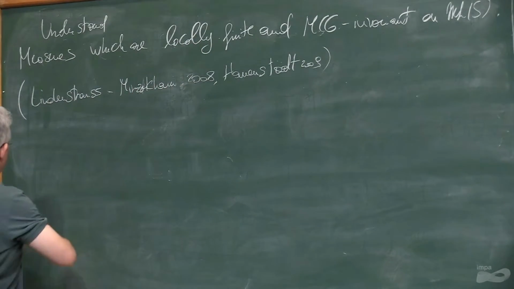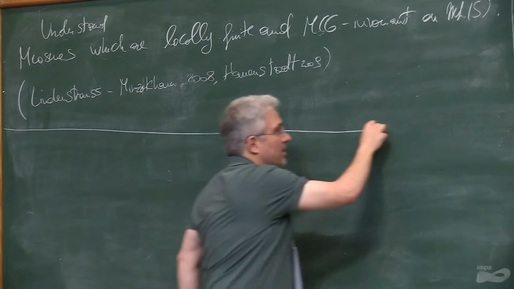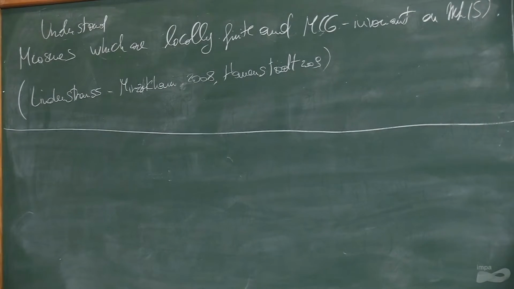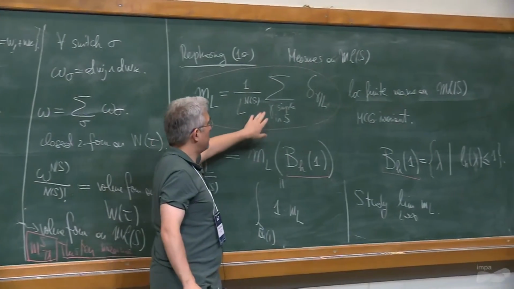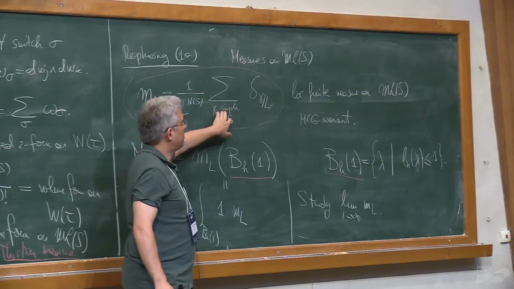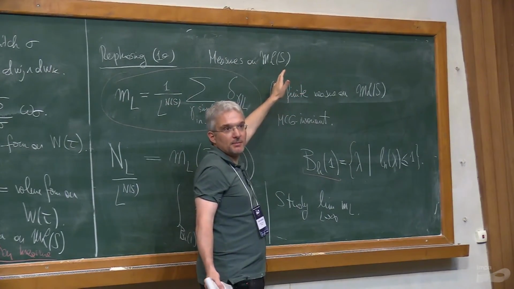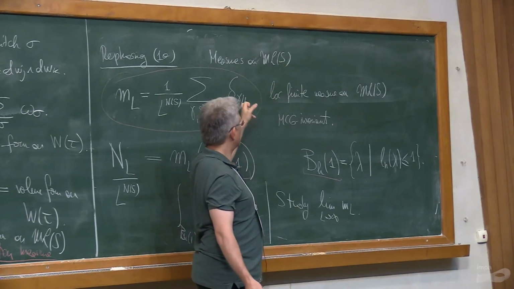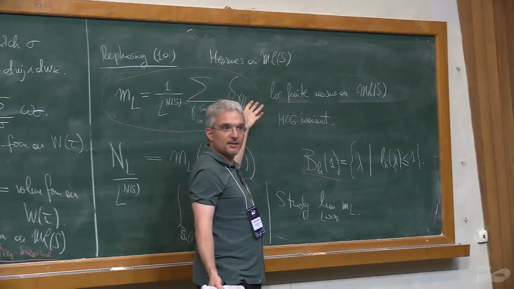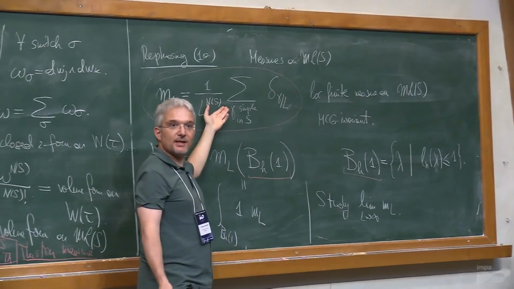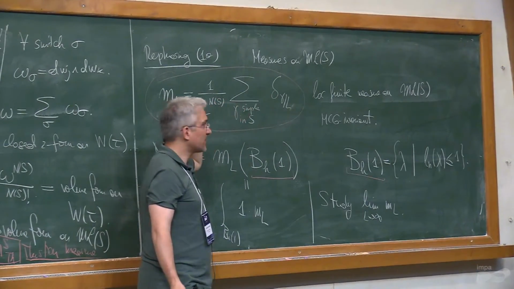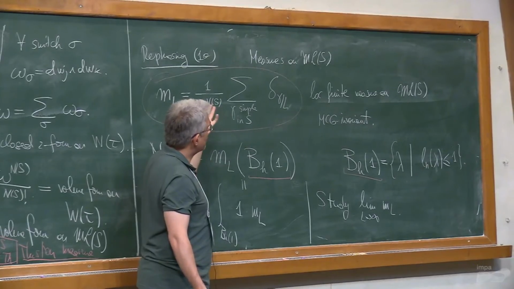Now, if you are going to study curves which are not necessarily simple, these do not belong to ML. So you have to build a different, maybe larger space in which these non-simple curves sit. And then you want to study something like this, and convergence of measures. What is this larger space? Now you have two ways.